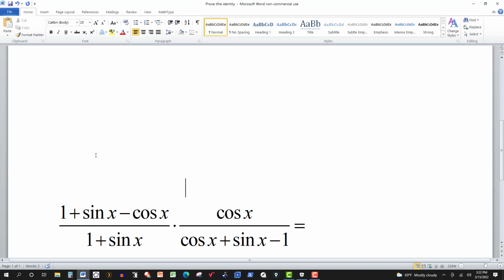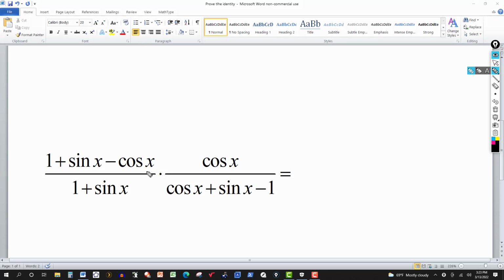Have it over here. Well, the only thing we can do here is to just perform the operations indicated. So we have a multiplication of two fractional expressions involving trig functions. If I multiply this out, I'm going to have cosine of x times 1.